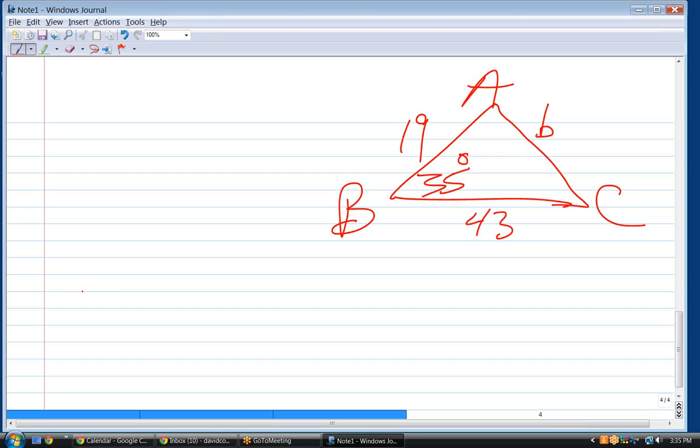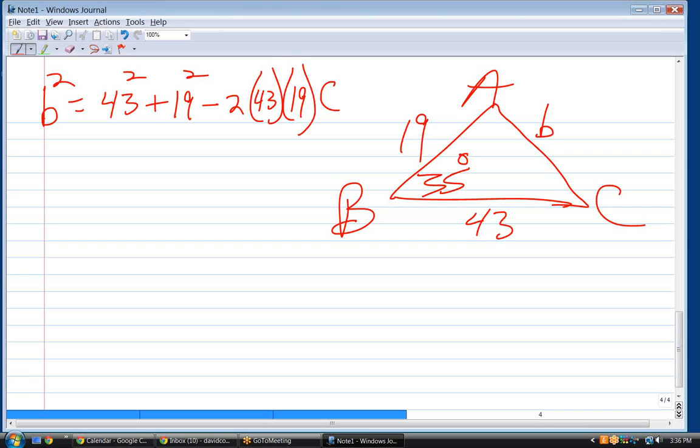What's the first thing I want to write? b squared equals 43 squared plus 19 squared minus 2 times 43 times 19, cosine of 35.